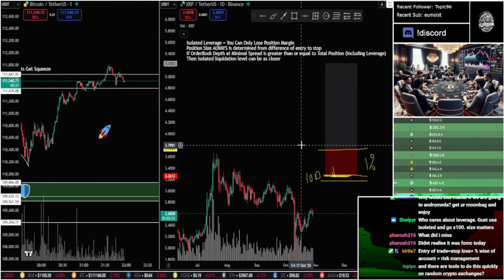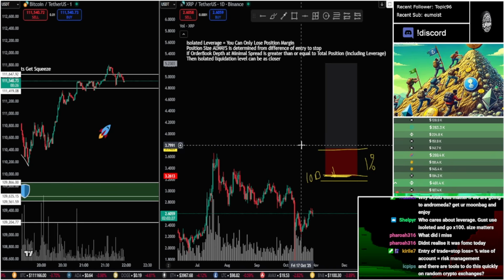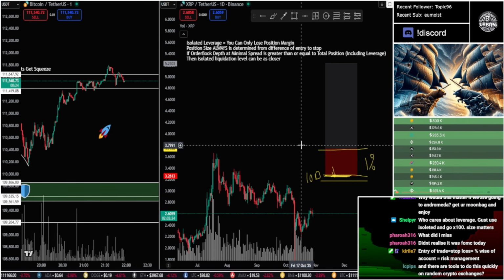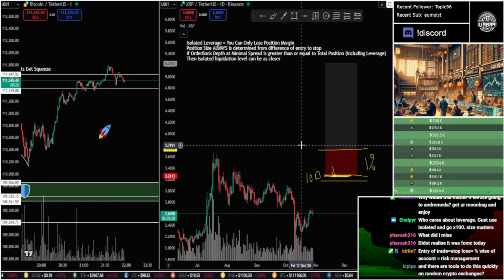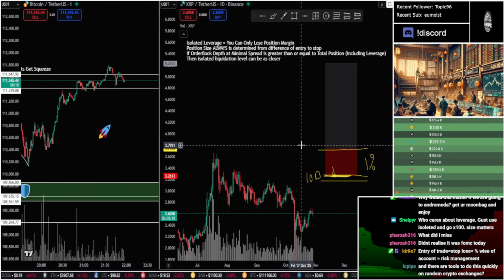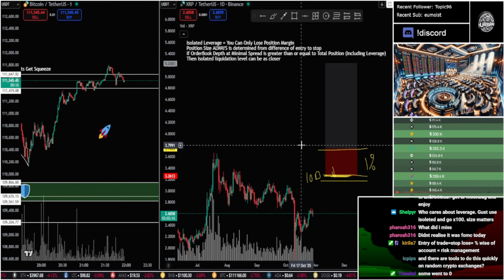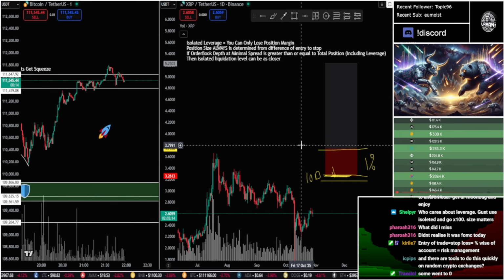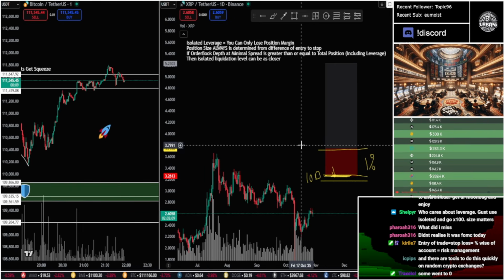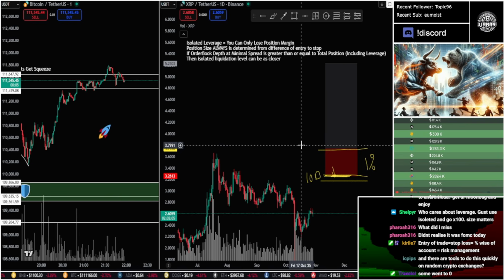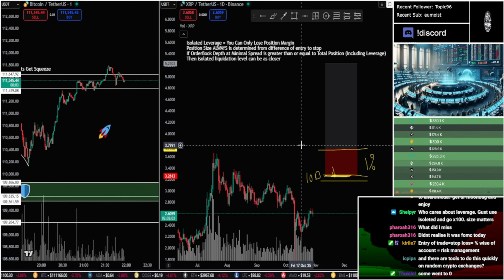And some alts went down 50%. So it's kind of important because you don't know when these sort of black swan events are going to happen. And you want to put the risk back onto the exchange. If the exchange is offering you isolated leverage, that means they're offering to take the slippage risk from you.